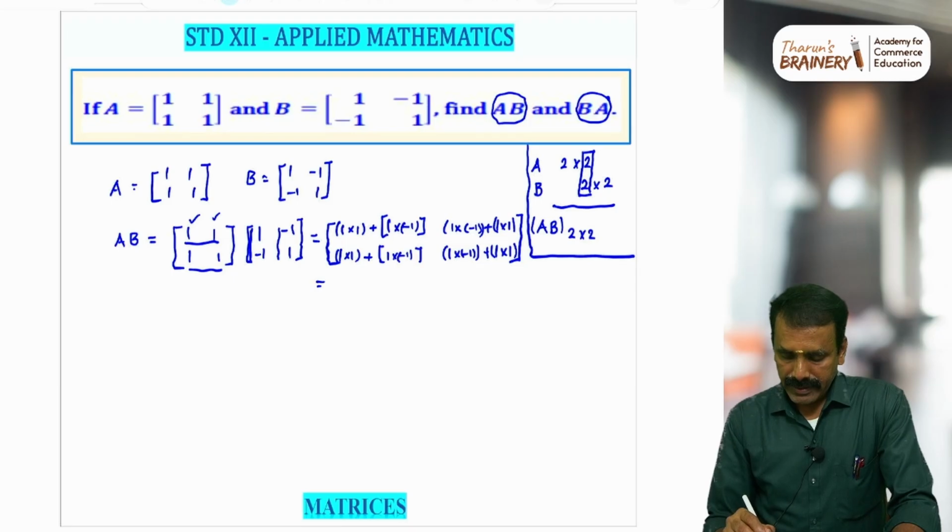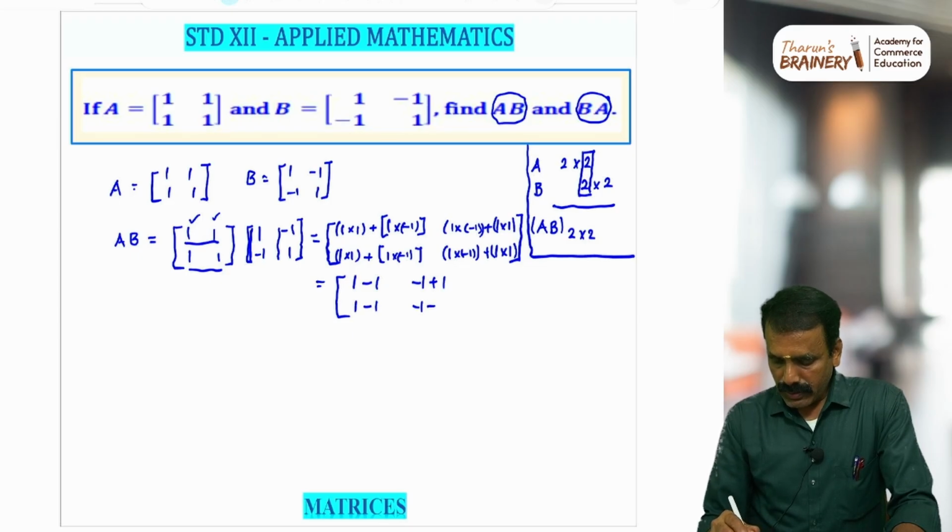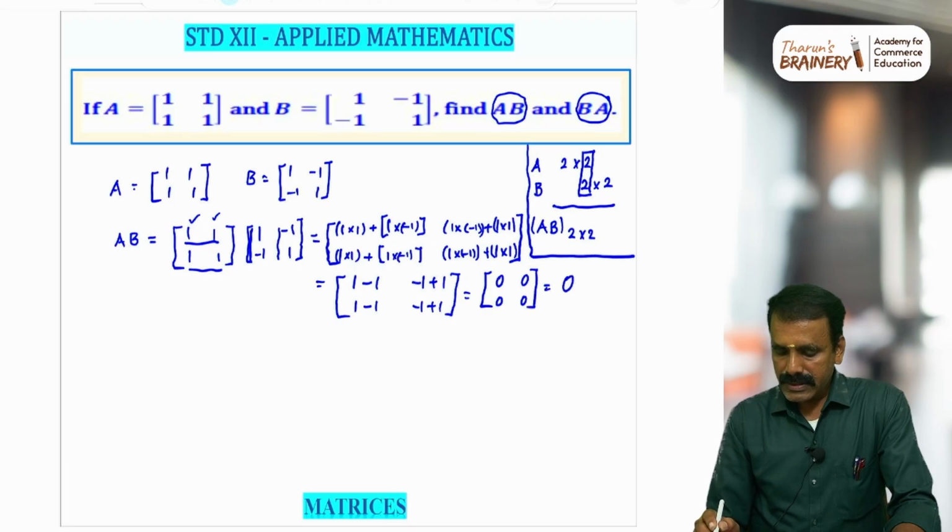Now we simplify, we get 1 minus 1, minus 1 plus 1, again 1 minus 1, minus 1 plus 1. So we get the answer as 0 0 0 0, which is nothing but a null matrix.